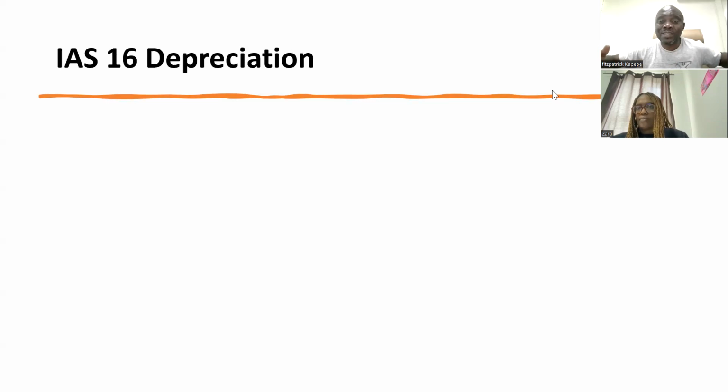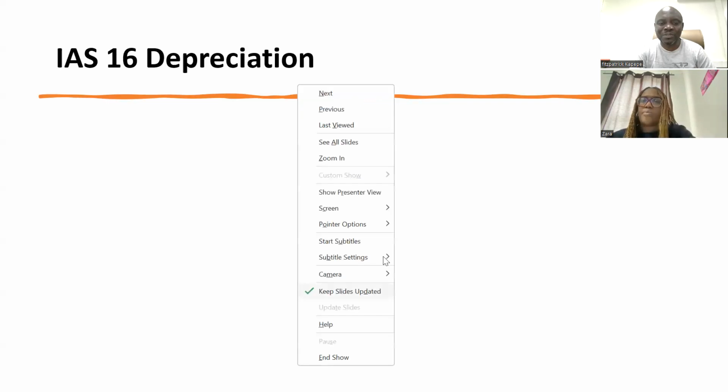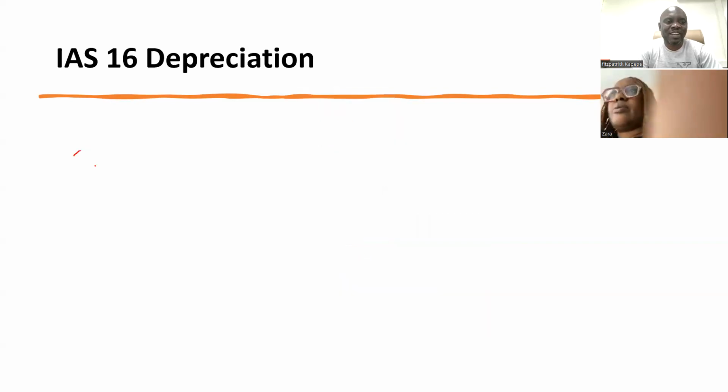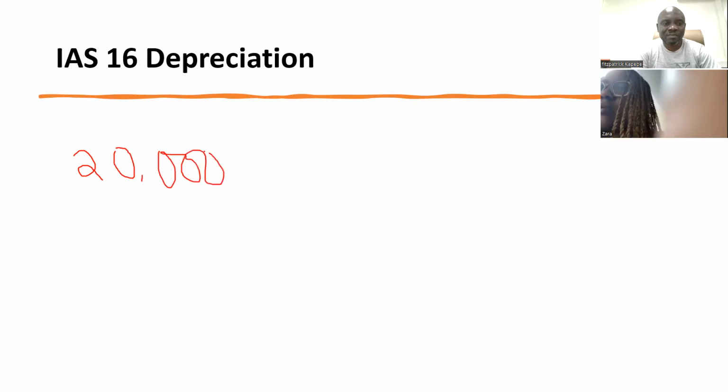But because this particular asset is supposed to live for a particular period of time, it has a lifespan. So whatever revenue has been made, for argument's sake, say you have made revenue of 20,000 dollars in that particular year.